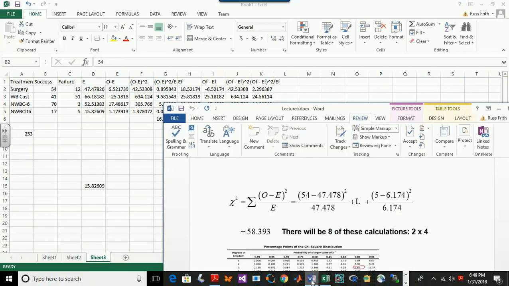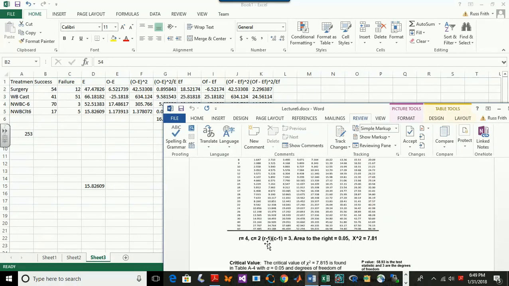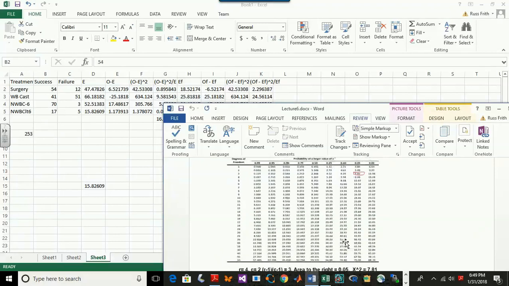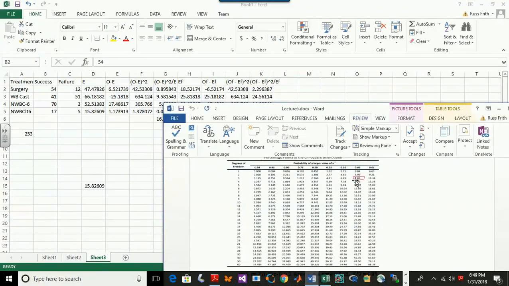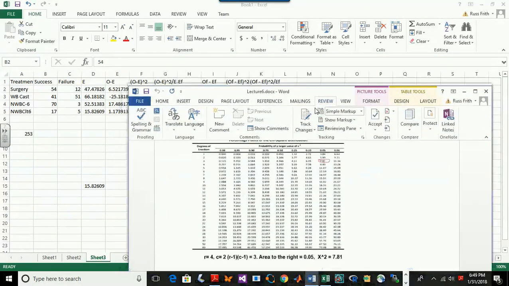So R minus 1 is 3, C minus 1 is 1, so the degrees of freedom are 3. For alpha 0.05 with 3 degrees of freedom, it's right here, 7.81. So our critical value is 7.81.